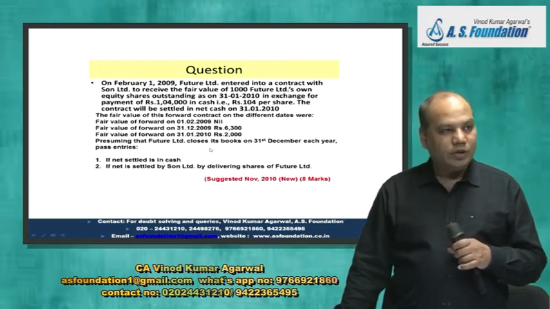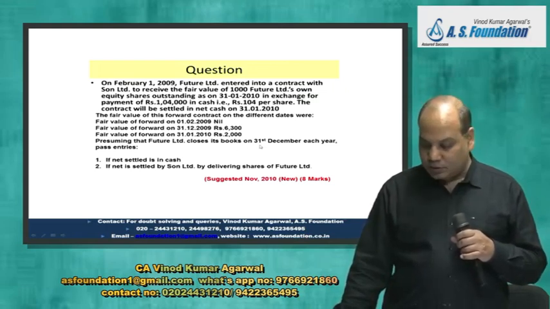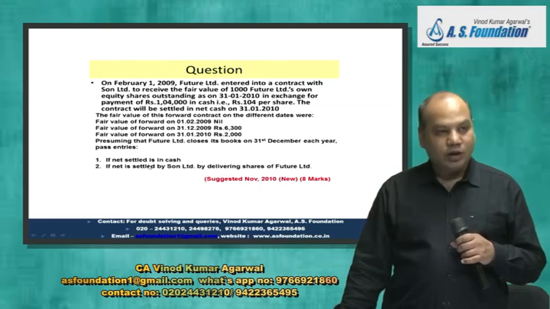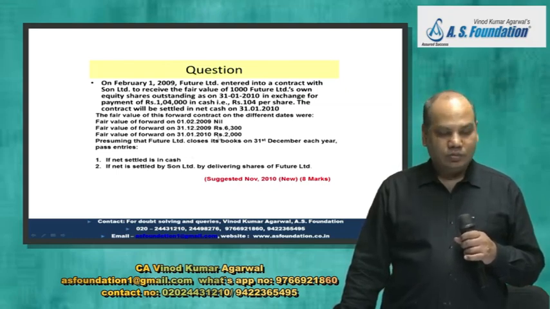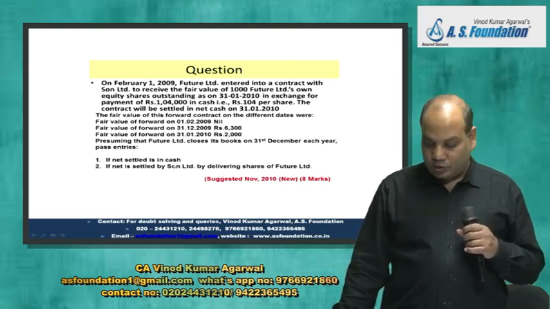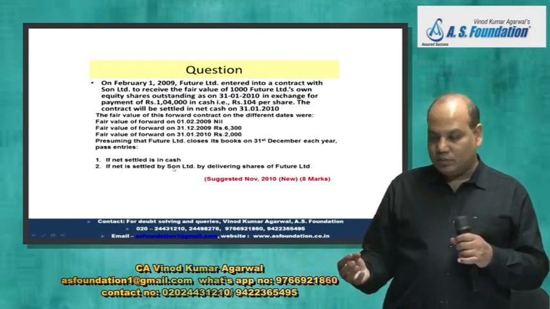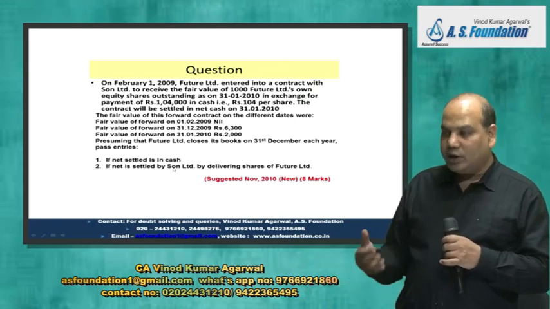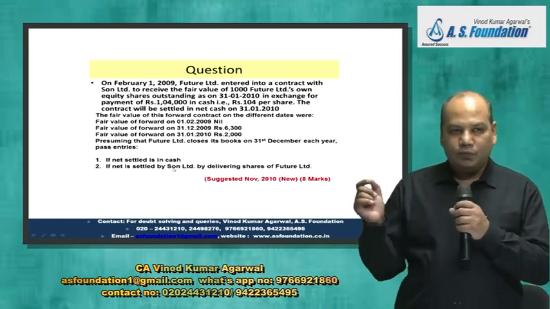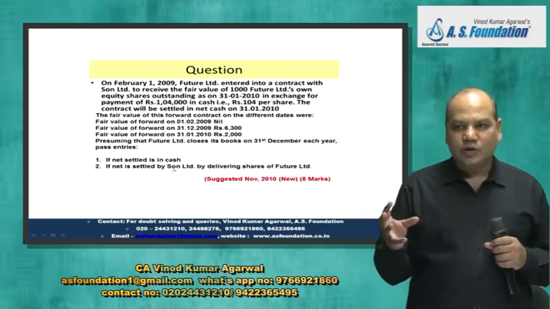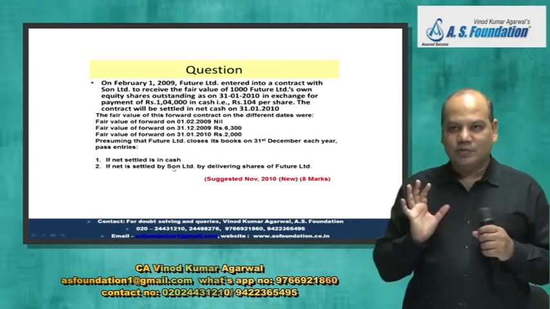Presuming that Future Limited closes the books on 31st December, pass journal entry if the net is settled in cash. So 2000 rupees difference you will receive in cash. And if the net amount 2000 rupees is settled by Sun Limited by delivering the shares of Future Limited, it is just the mode of payment which is changing.